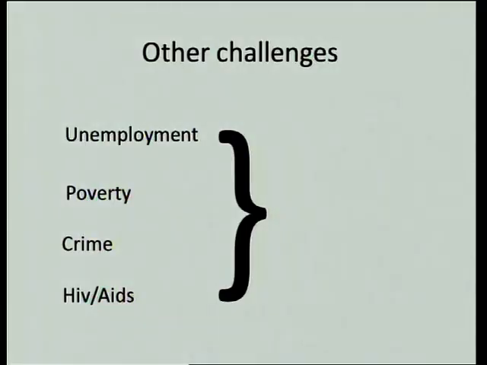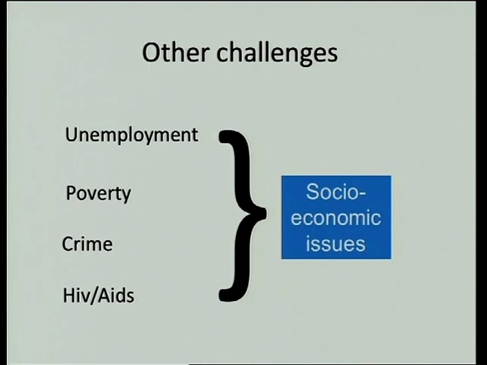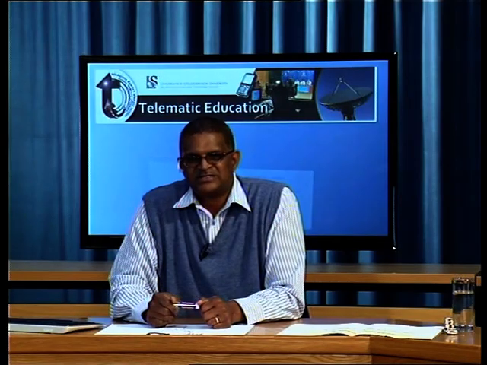The business has got to deal with that. All these challenges that I've identified resort under what we call the socio-economic issues. And so we've now identified the challenges that the business encounters or must deal with.